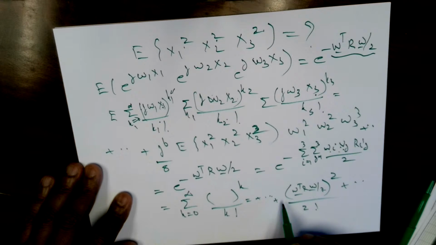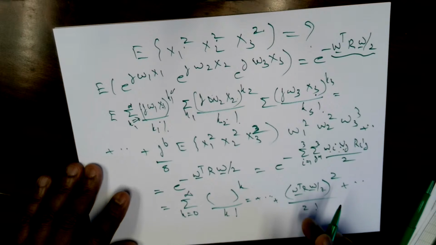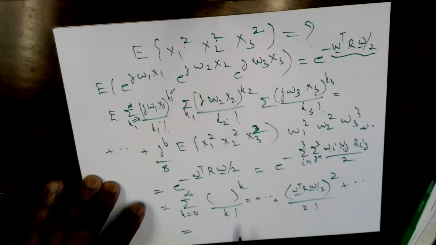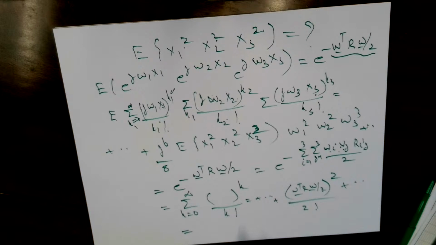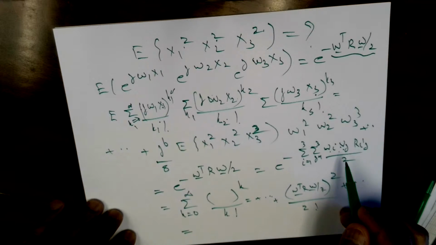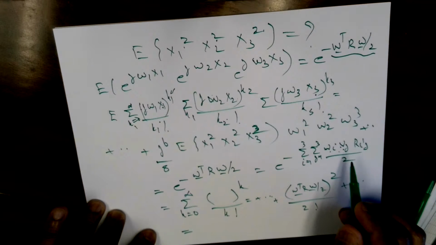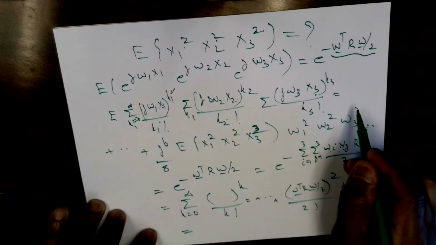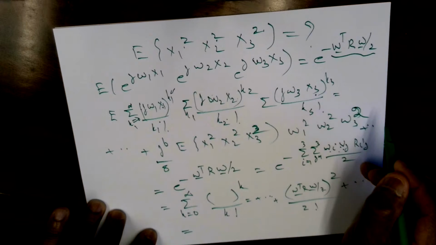So I'm going to expand this on the next page and see how. Notice that here maybe I did make a mistake, because you want omega 1, omega 2, omega 3 squared.